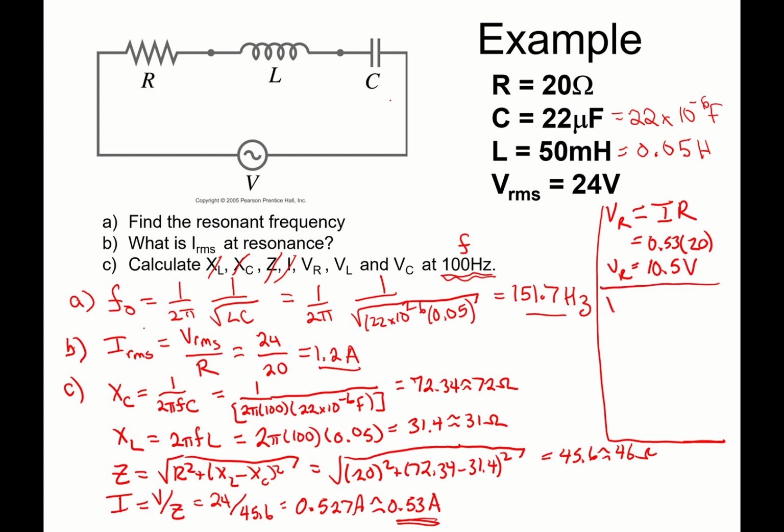Okay, voltage on the inductor is I times XL. So 0.53, and my XL was 31.4. And again, remember, in the middle of a calculation, use the unrounded numbers. So I get 16.6 volts.